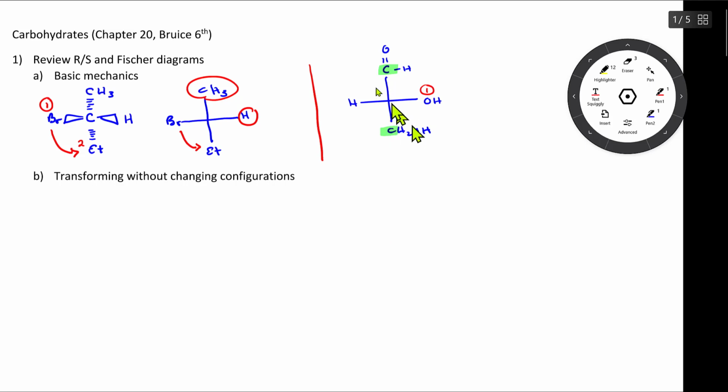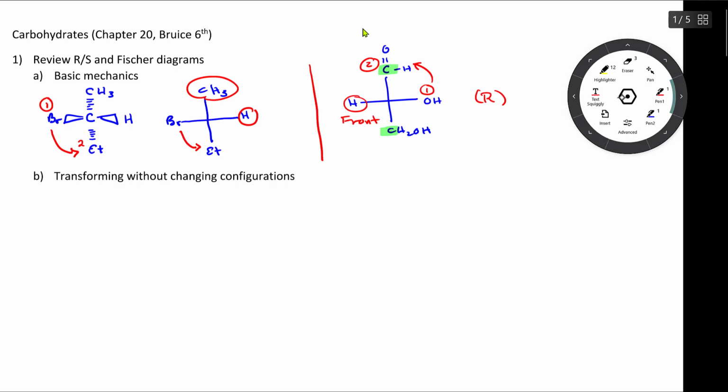The highest atomic number would be oxygen, but the way you treat a double bonded oxygen is as if this carbon was bonded to 2 oxygens, so the number 2 priority group would be this one here. Again, we're going in this direction. That looks S configuration, but this hydrogen is in the front. So that would be R, right, in terms of its stereo designation.